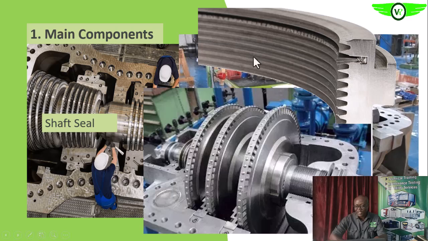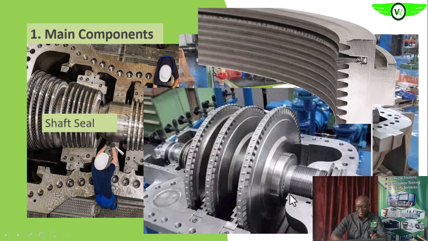So this is the labyrinth seal, what I was trying to discuss earlier. Imagine that this is the part that is facing the internal part of the steam turbine.